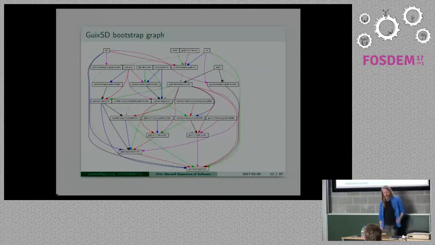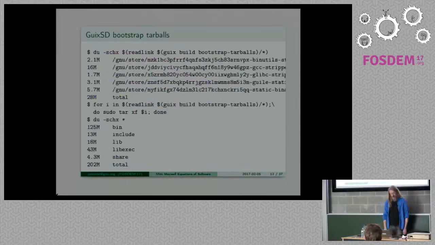So here's our bootstrap graph, which is in the manual. So what are we talking about if we talk about bootstrap binaries? It's too small to read here, but it's a dependency graph to build the first bootstrap binaries. And here it is in text.